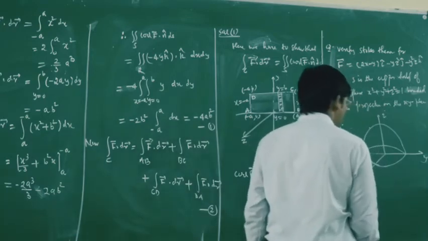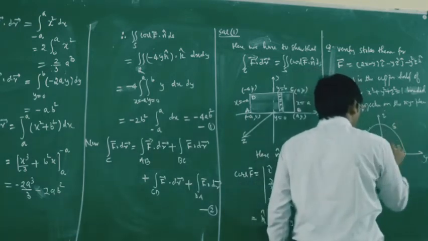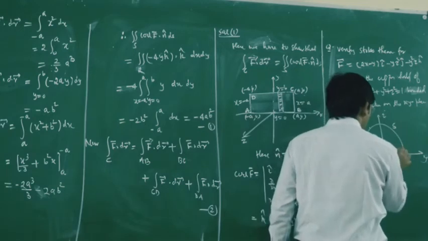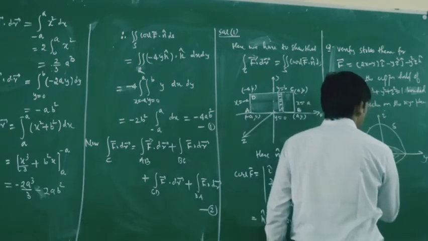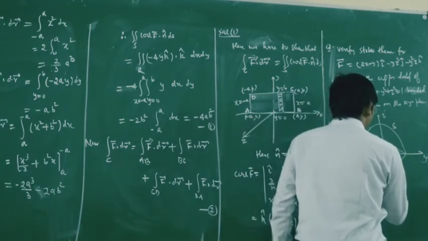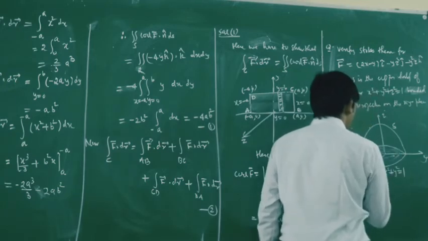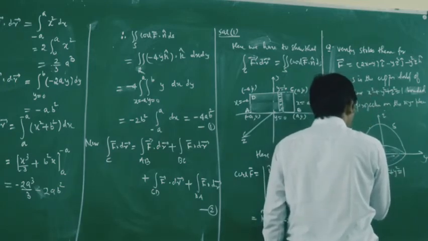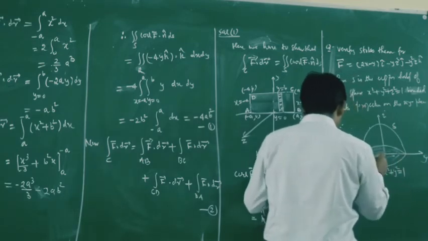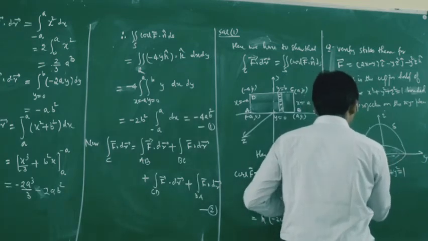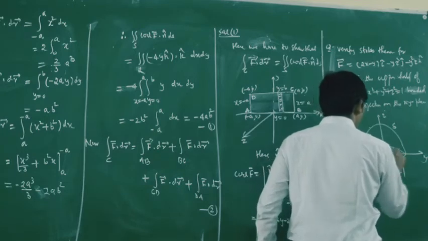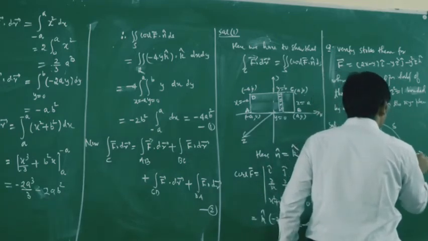Now you can see that this surface S is bounded by its projection in the xy plane, which is your circle x square plus y square equal to 1. And here we will have x as minus 1, y as minus 1, and here we will have y at plus 1.